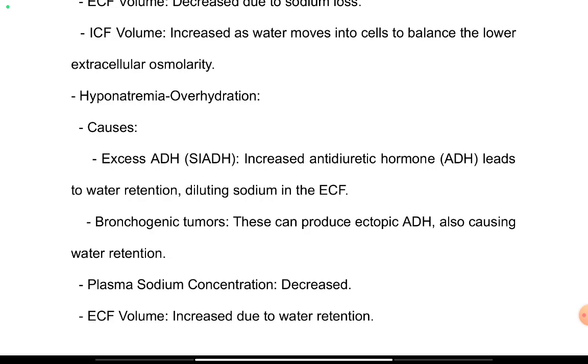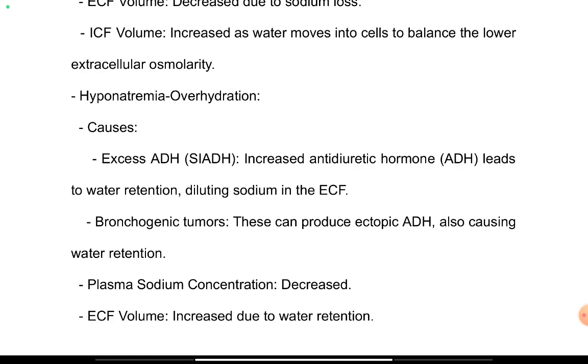But when someone drinks an excessive amount, like 10 liters, 15 liters, that is going to dilute the solute in your body. So the more the water concentration, the lesser the solute. The more the solute, the lesser the water concentration. Basic mathematics. It's just basic.